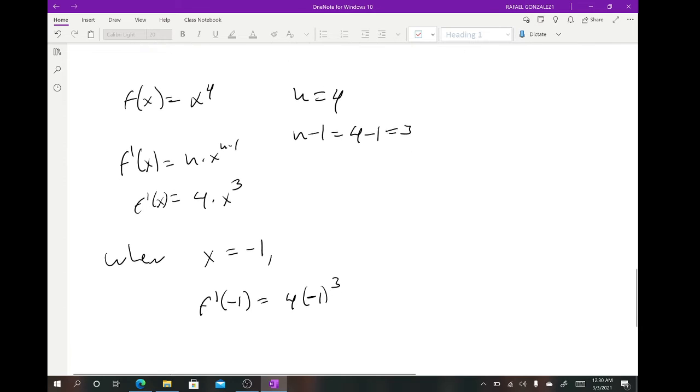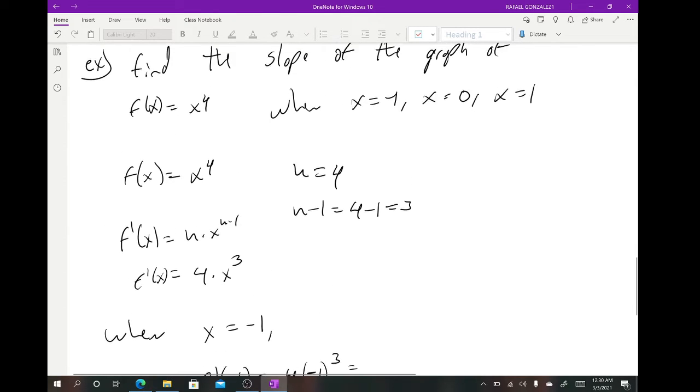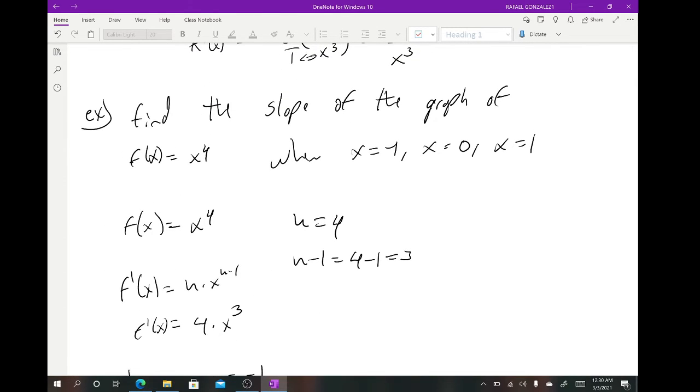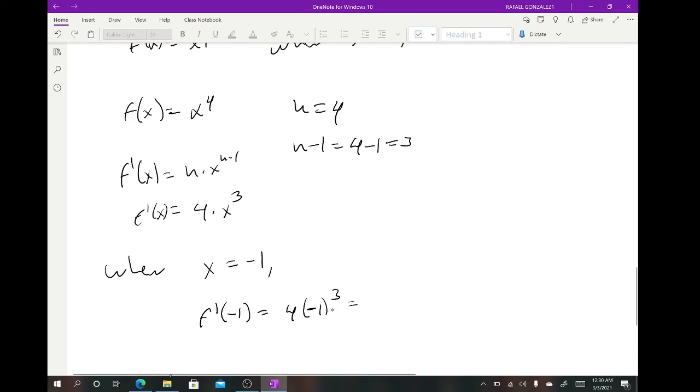Okay? And that will give us the slope of the graph at that particular point. So notice that -1 cubed is just -1, so it's going to be -4. Okay? So notice that the slope here is negative. This is going to be important later. The slope here is negative.